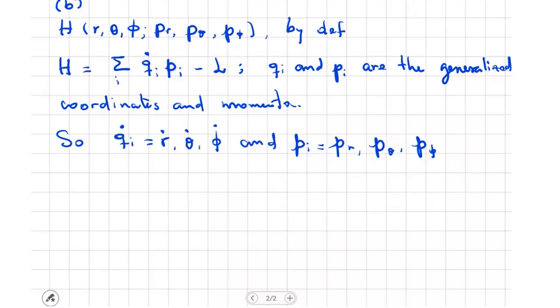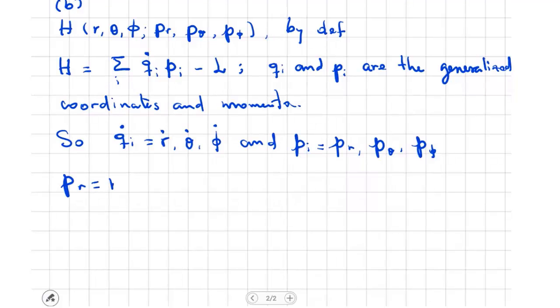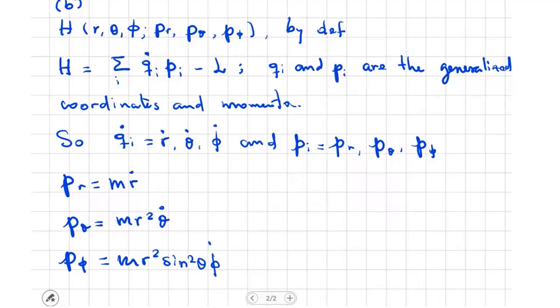We remember that from the last video, where we calculated the generalized momenta and got the following equations: p_r is equal to m r dot, p_theta is equal to m r squared theta dot, and p_phi is equal to m r squared sine squared of theta phi dot.